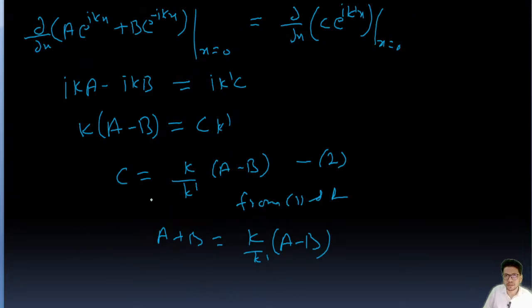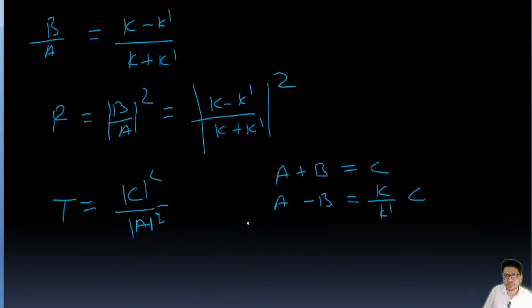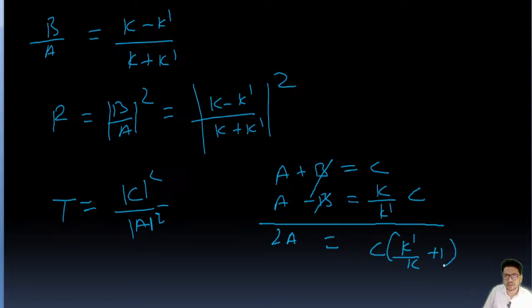So we will add these, and then 2A is going to be C into (K dash plus K) upon K. So the value of C upon A is going to be 2K upon K dash plus K.